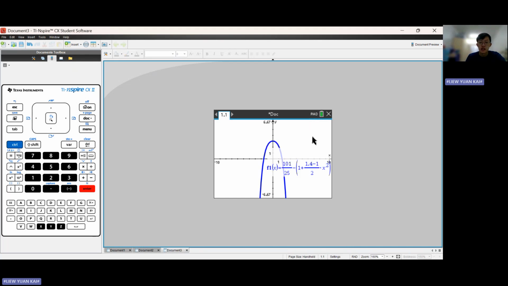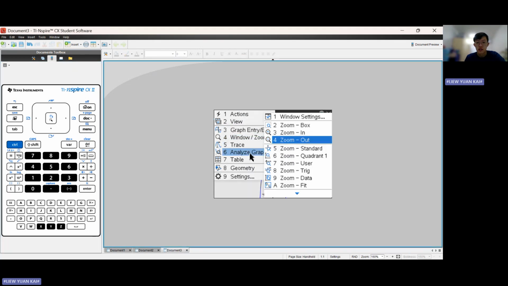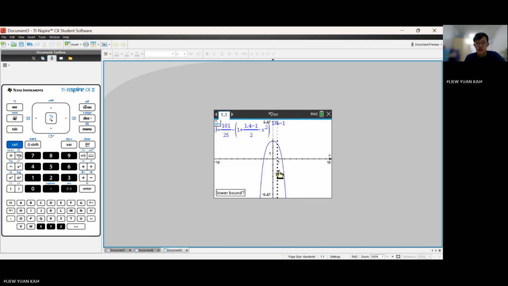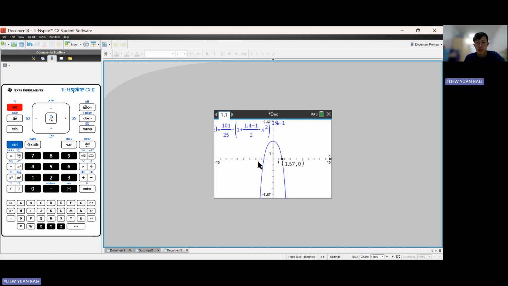Okay? So you enter that, and what you get is this graph. So where is the Mach number? The Mach number is given by the roots of this graph. So we want to find the roots, which means find a zero. It'll be this one. Okay? 1.57. You might ask me, well, what about this root, right? You see, it will obviously not be that root, because this root is a negative value. There's no such thing as a negative Mach number, okay? Mach number is 0 and above.